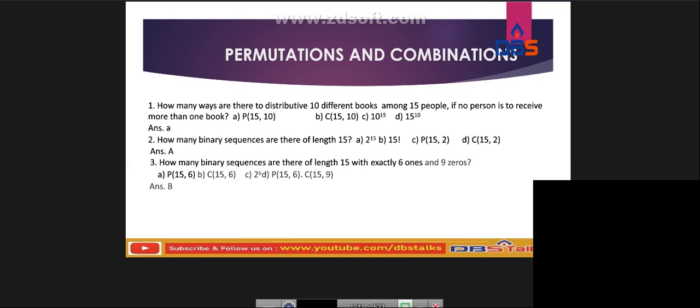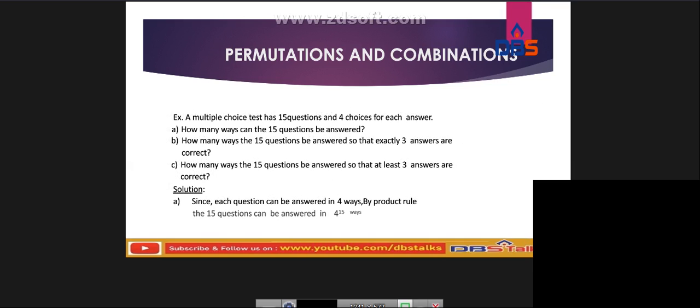Next one. For example, a multiple choice test has 15 questions and 4 choices for each answer. First, how many ways can the 15 questions be answered?